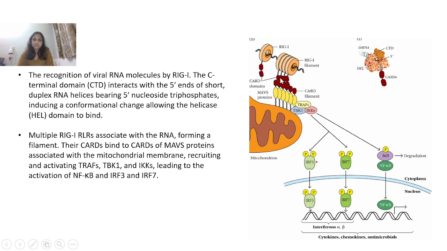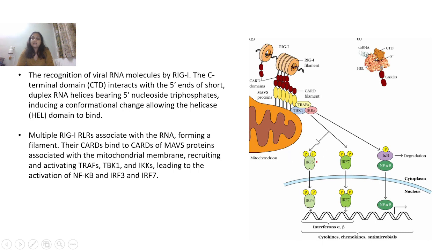Then there is association of multiple RIG-I-like receptors with the RNA, forming a filament. Then these CARD domains bind to the CARD domain of the MAVS protein, or IPS-1, the mitochondrial antiviral signaling protein, recruiting different molecules like TRAFs, TBK1, and IKK, leading to the activation of three different pathways.